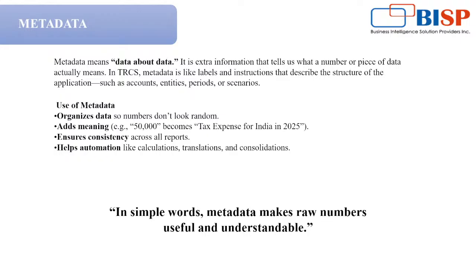Then it gives us clarity that helps users quickly understand what a member represents or what a number represents. Think of it as a library, where the books are your data. The catalog information is the member metadata.